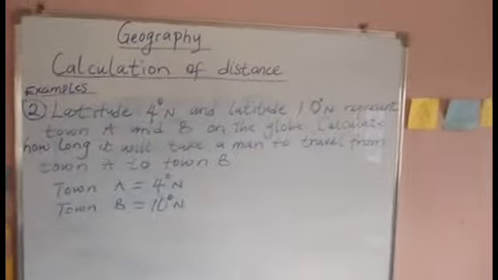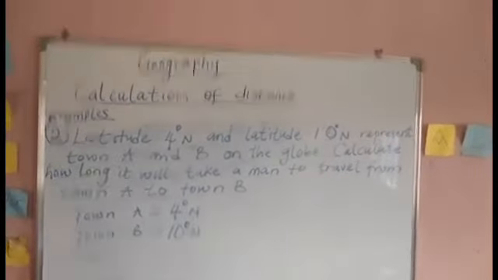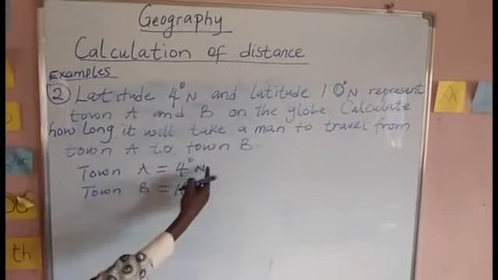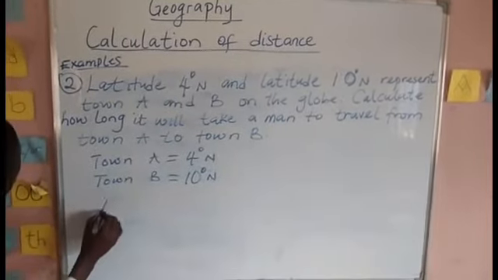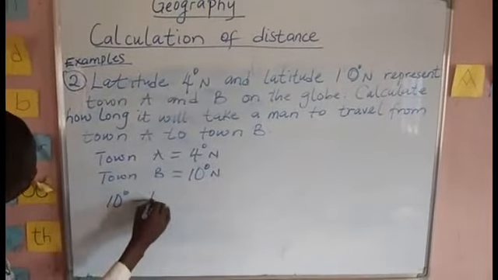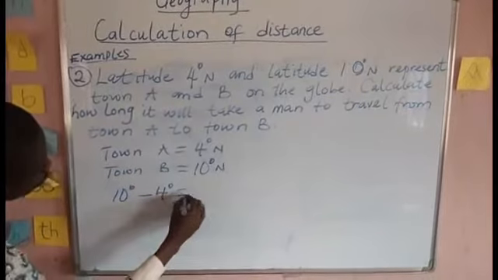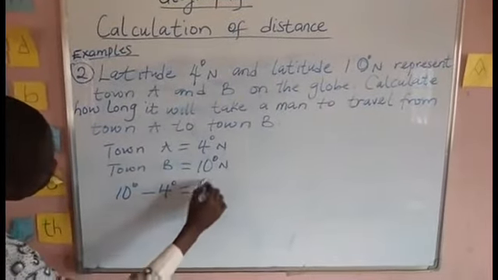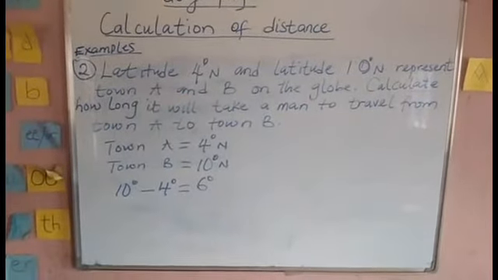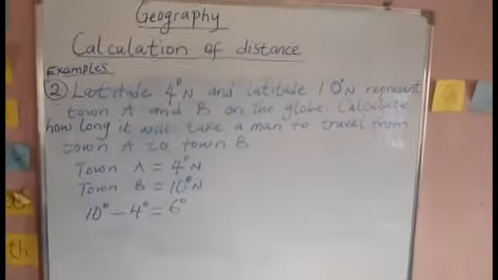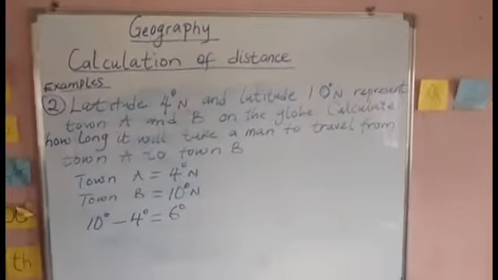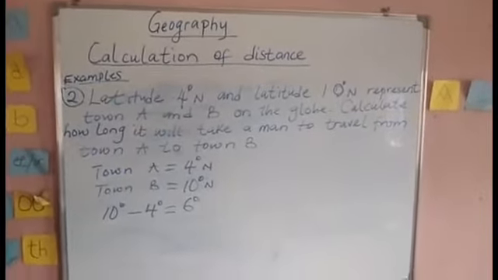Step number 2, find the latitude differences. We have north and north, so it's 10 degrees minus 4 degrees, which gives us 6 degrees. Step number 3, multiply the differences by 111 kilometers.